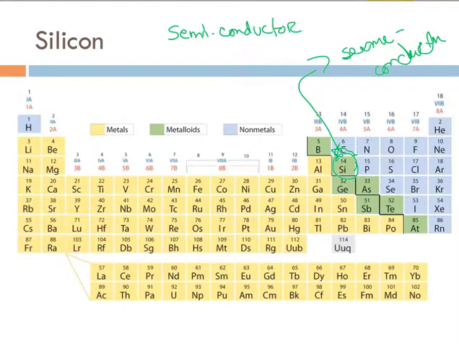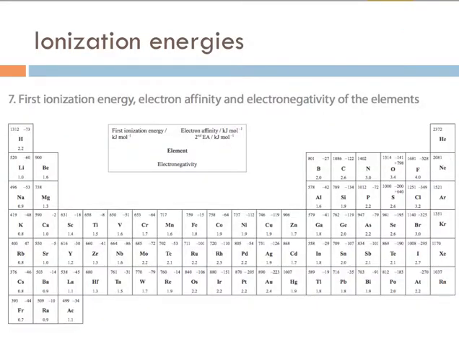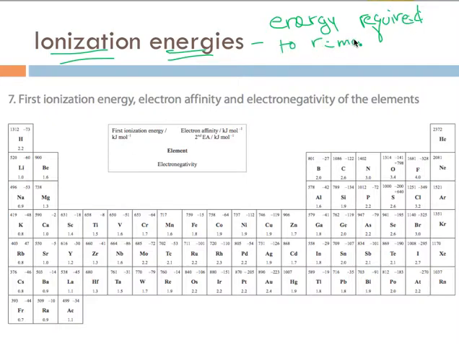Okay, and if we take a moment and look at ionization energies, and this is really the justification that you want to use in this particular unit, is the ionization energy and what that means. The definition of ionization energy is the energy required to remove an electron.